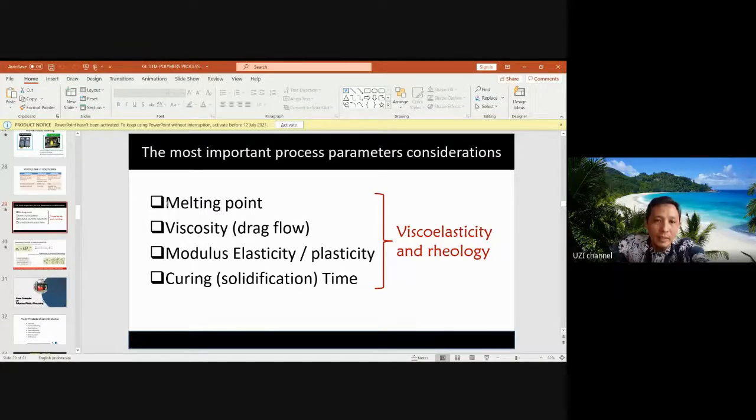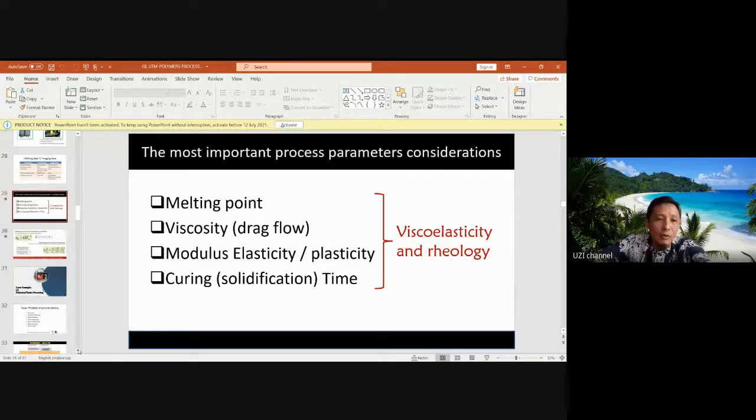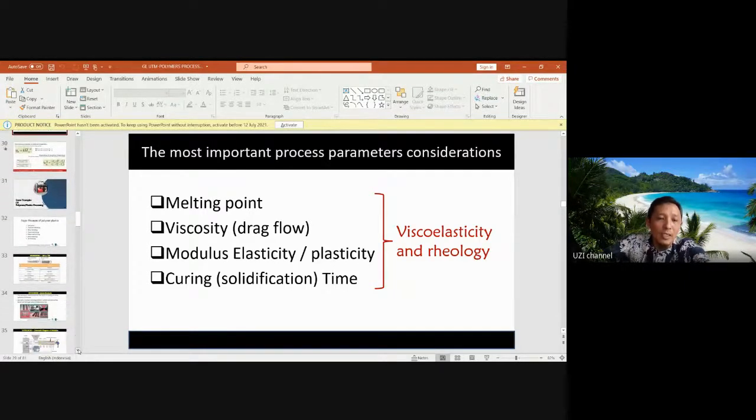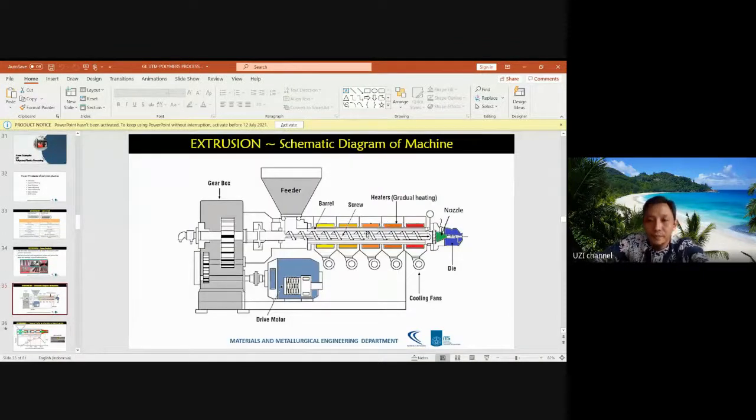For example, melting point. When the heater's temperature is lower than the melting point of the polymer, we will find many problems, even in the very initial stage, because the barrel heater is too low.